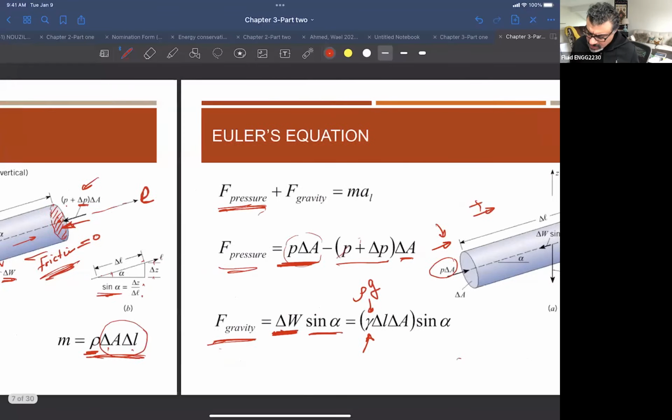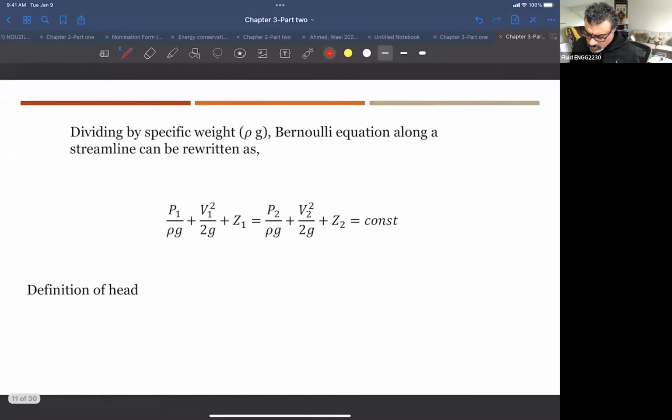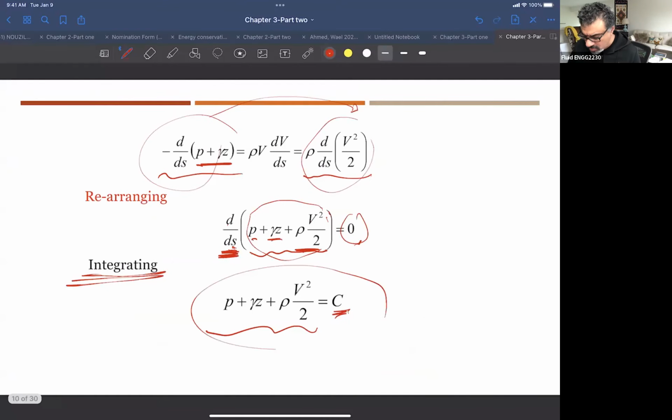So Euler managed to come up with an equation telling you that the summation of three terms, which we will name in a few seconds, is constant along any path of the fluid, as long as the flow is considered frictionless. Which means that at point 1, point 2 and point 3, the summation of these three terms is the same.